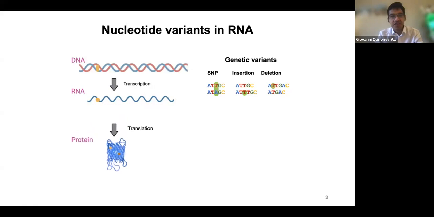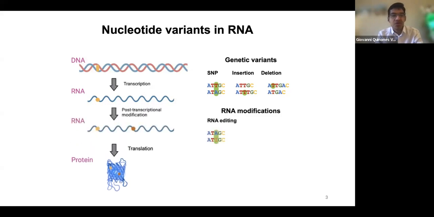And to further increase the complexity of this, we also have a second class of variants that are present in the RNA, which here we call post-transcriptional modifications. There are a number of RNA modifications that have been reported, but one of the most common ones, depending on who you ask and depending on definition, is RNA editing, which is the process by which you modify an adenine base into an inosine.